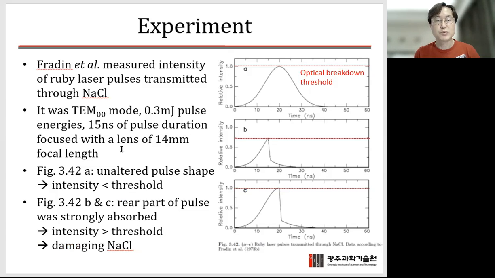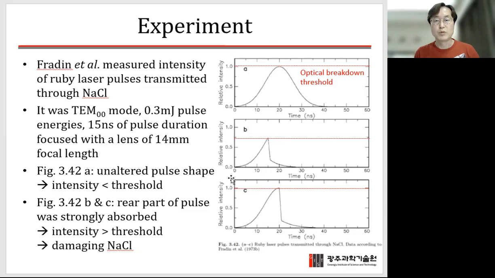The pulse duration was 15 nanoseconds and it was focused using a lens with a focal length of 14 millimeter. Here on the top, A shows that the pulse shape is basically maintained, which means that the light intensity in this case was smaller than the threshold.